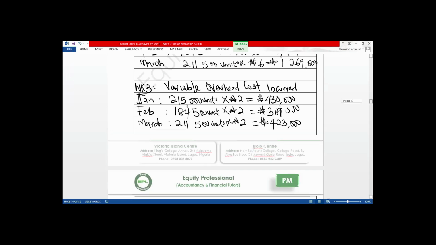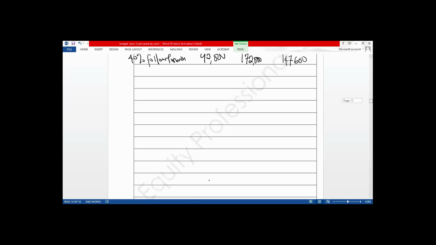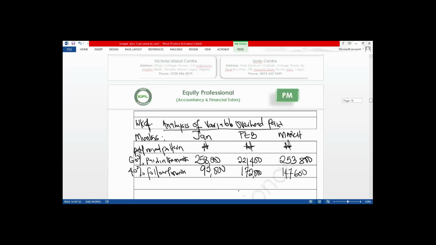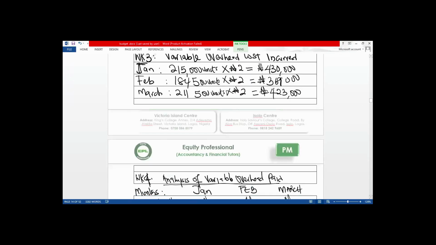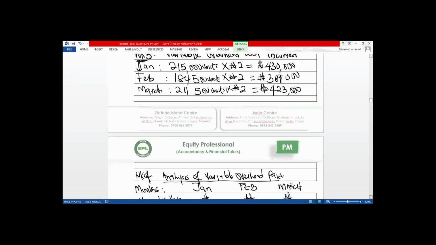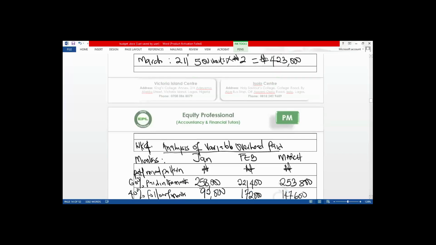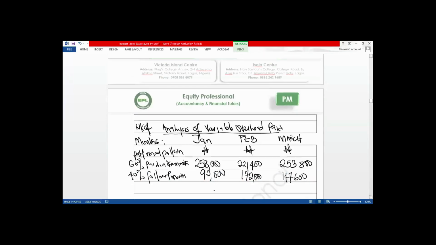Over in January, we are going to pay these two. Some 350,000, to be paid in January.